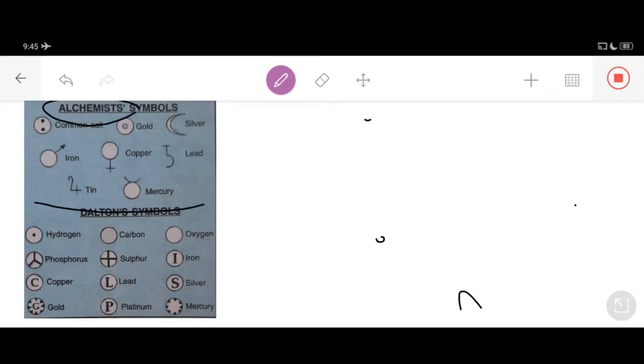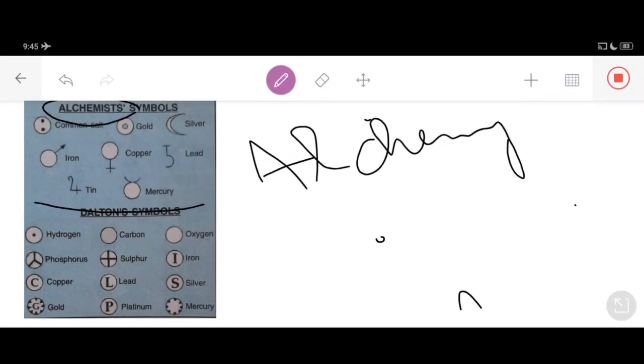These are actually not scientists, dear students. It is actually a study, alchemy. Mark my words, dear students. This alchemy is a very old study and philosophy of how to change basic substances into other substances. Before discussing these alchemist symbols, let me tell you what alchemy actually is.